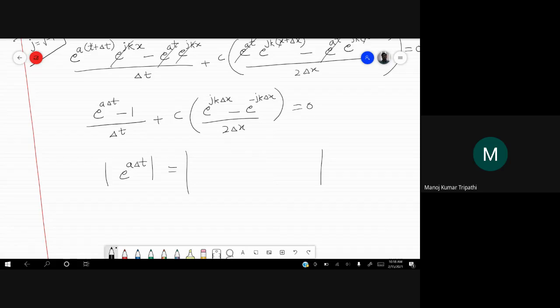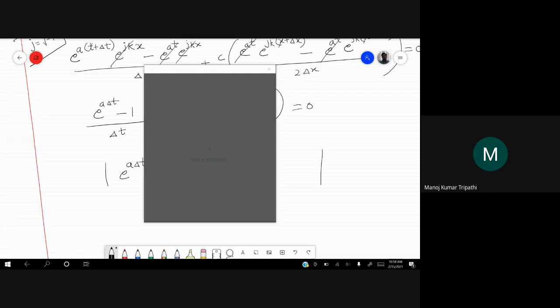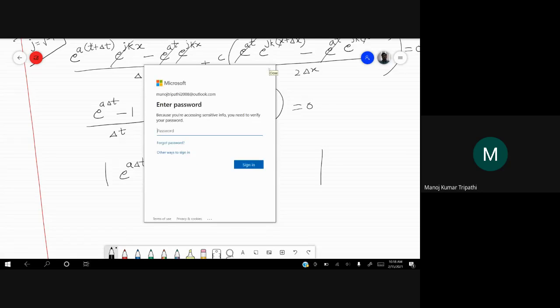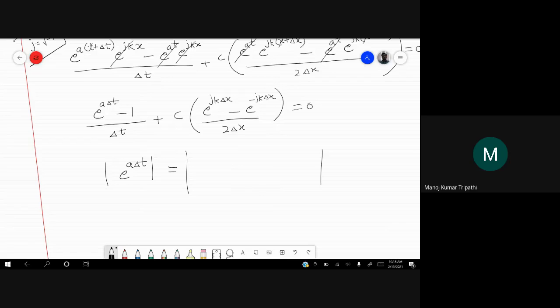This should be very quick. So this G is also known as amplification factor.